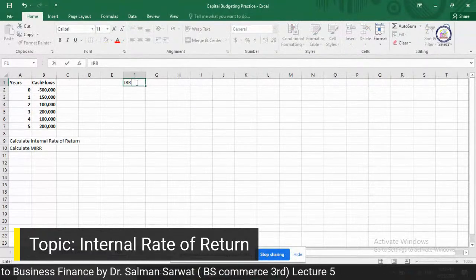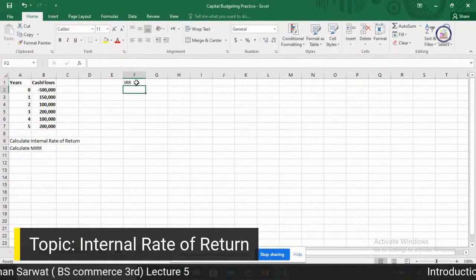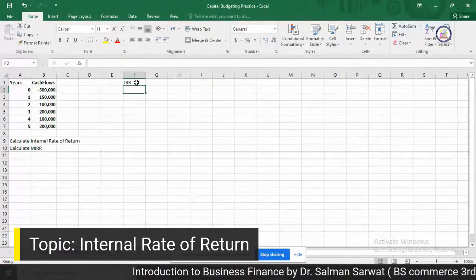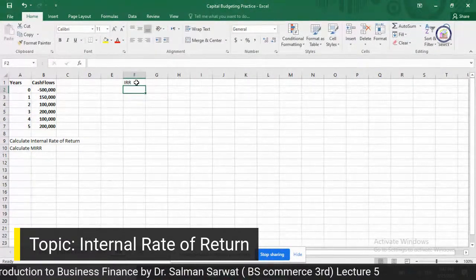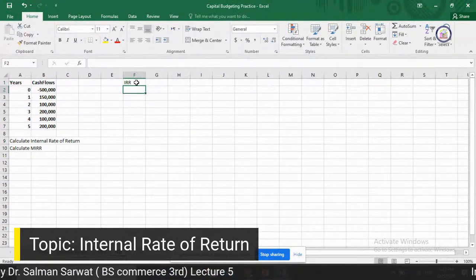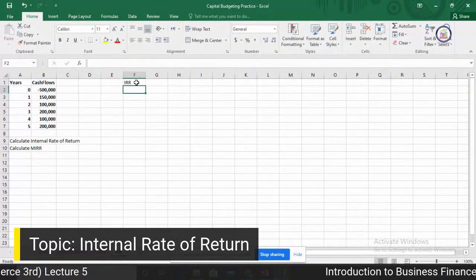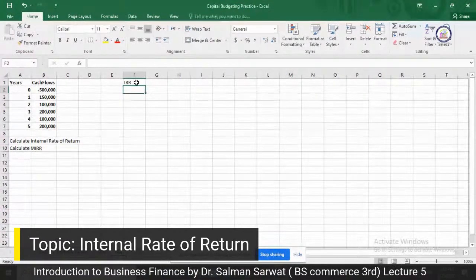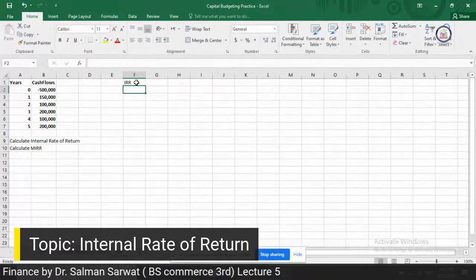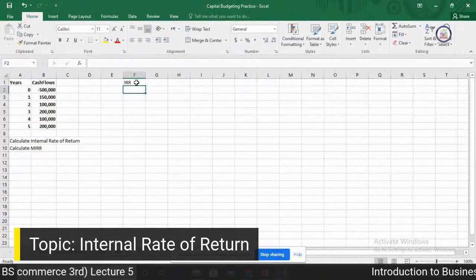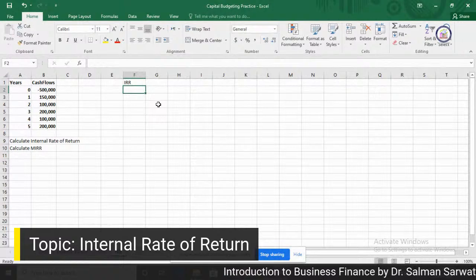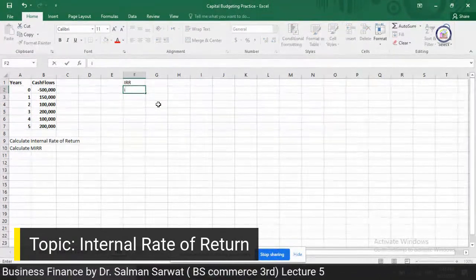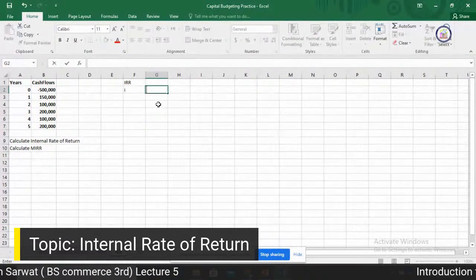For IRR, first of all, we have to apply a sort of discount rate, a rate at which the net present value becomes equal to zero. So in order to find that rate, first of all we go for trial and error. Let's suppose we will be using a rate of 10%, 0.1.